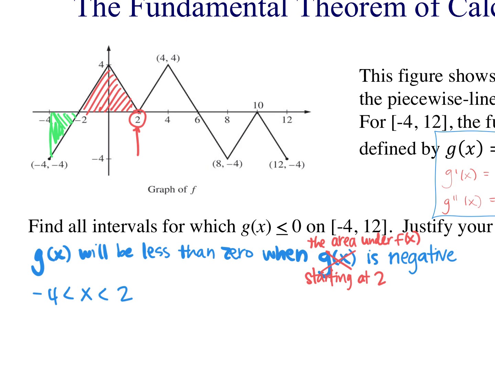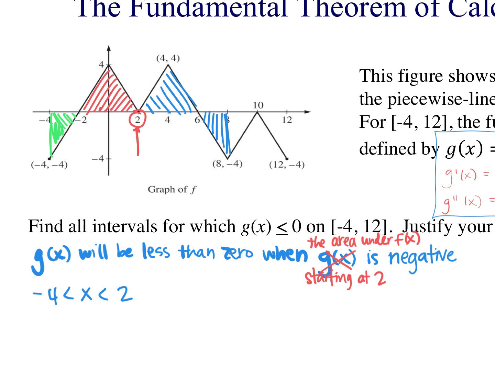Now let's try going forwards. What if I go from 2 forward to 6? What kind of area is that? Positive. What if I go to 8? That little bit is negative, but is it enough if you're accumulating? No. From 2 to 6 is positive, and then from 6 to 8 is a little bit negative, but what is the net result? It's more positive.